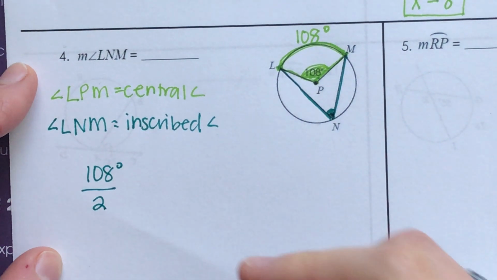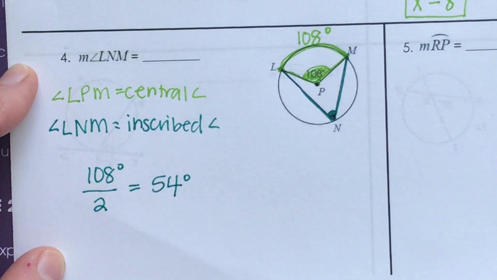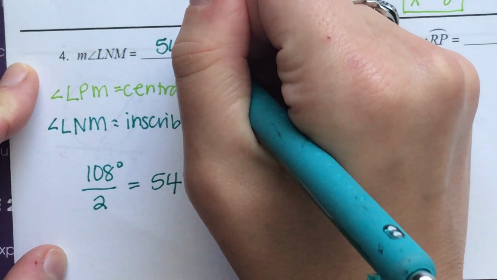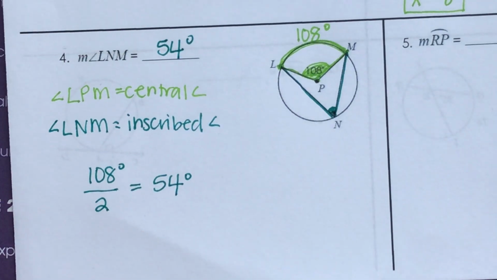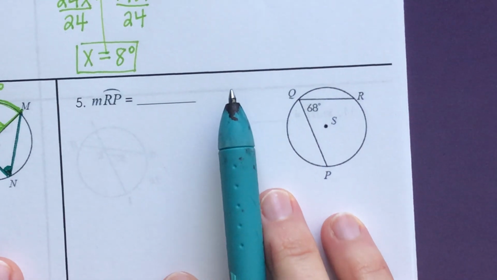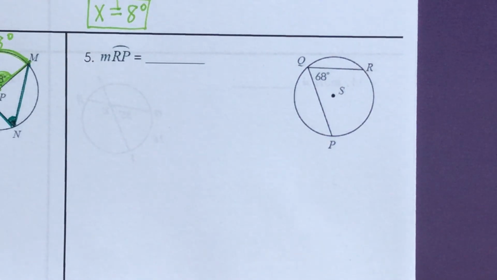I'm going to divide it by 2. And when I do that, I get 54 degrees. So this angle right here is 54 degrees. And that's it. So you have to understand what a central angle and what an inscribed angle is in order to do that problem.